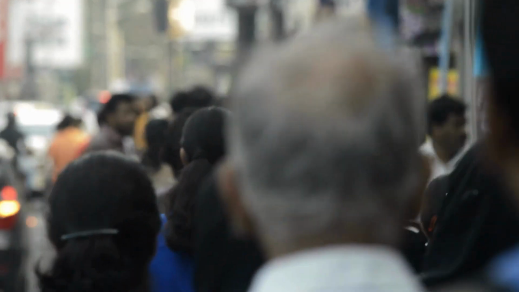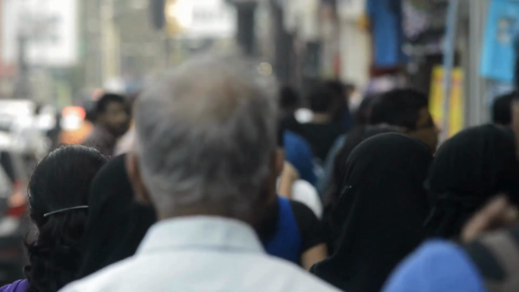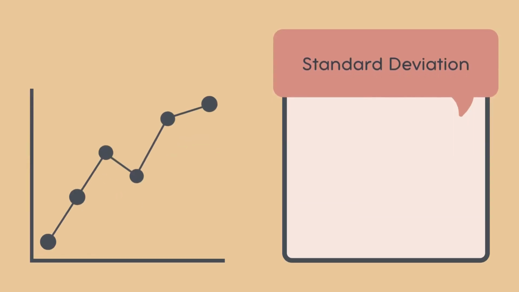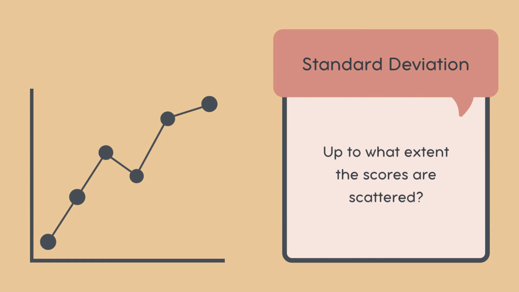It means that if we are drawing different samples from the same population, what heterogeneity, what internal differences exist within those samples. And standard deviation talks about the extent to which the scores are scattered.